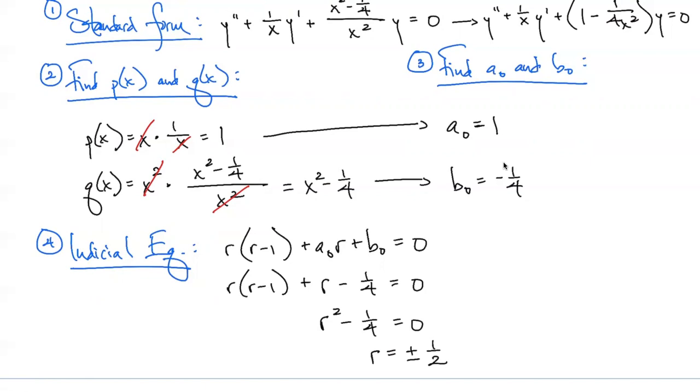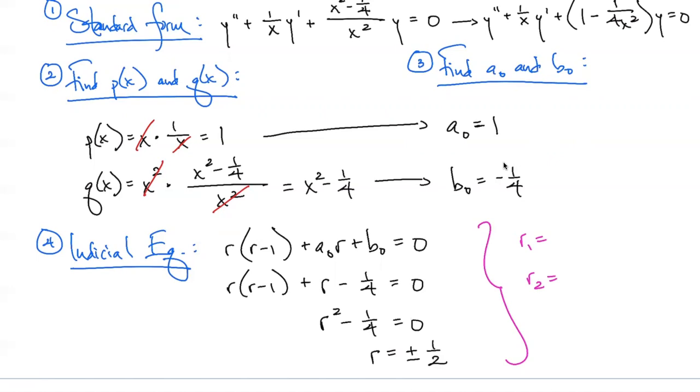And so we can see here that we have two roots, right? One of them is positive 1/2. The other one is negative 1/2. My question to you is, can you write these in a way so that r sub 1 minus r sub 2 gives you a positive integer? And if so, which one is your r1?